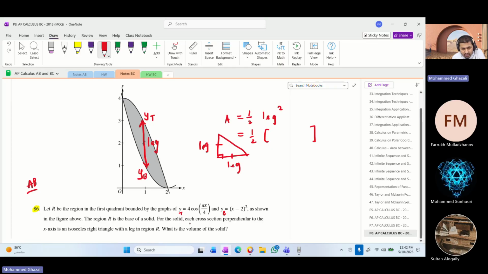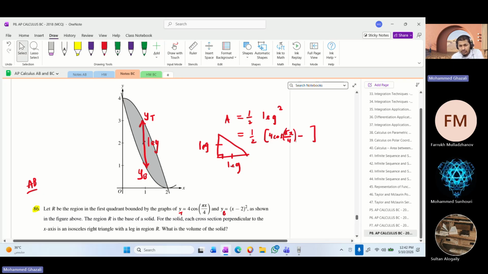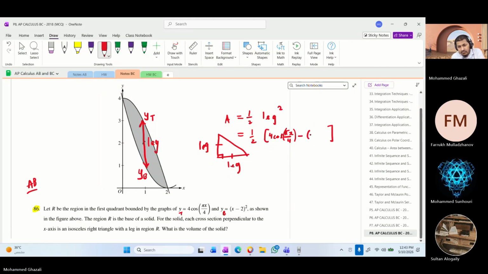The top function is 4 cos(pi x over 4), and the bottom function is (x minus 2) all squared, right? And squared there.